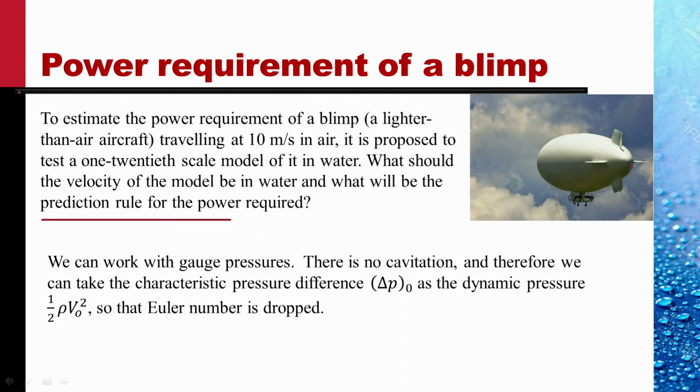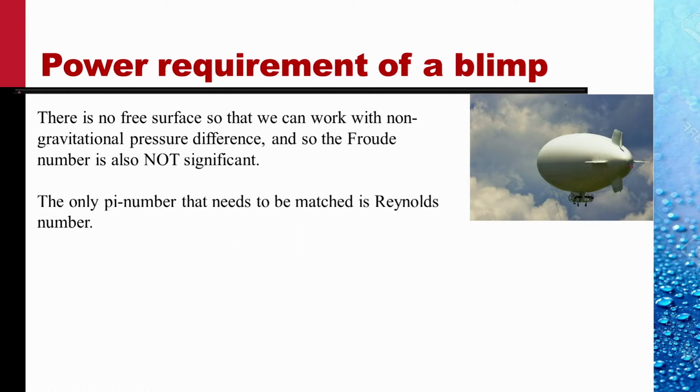Since we are working in atmosphere, we can work with gauge pressures. There is no cavitation involved. We can work with gauge pressures, and therefore we can take the characteristic pressure difference delta P naught as the dynamic pressure, the stagnation pressure minus the static pressure, that is 1/2 rho V naught square, so that the Euler number is dropped from consideration.